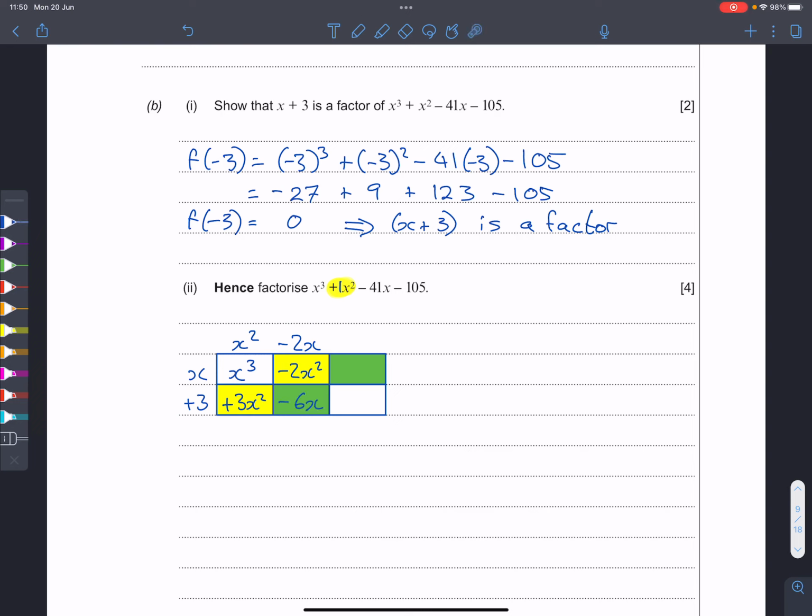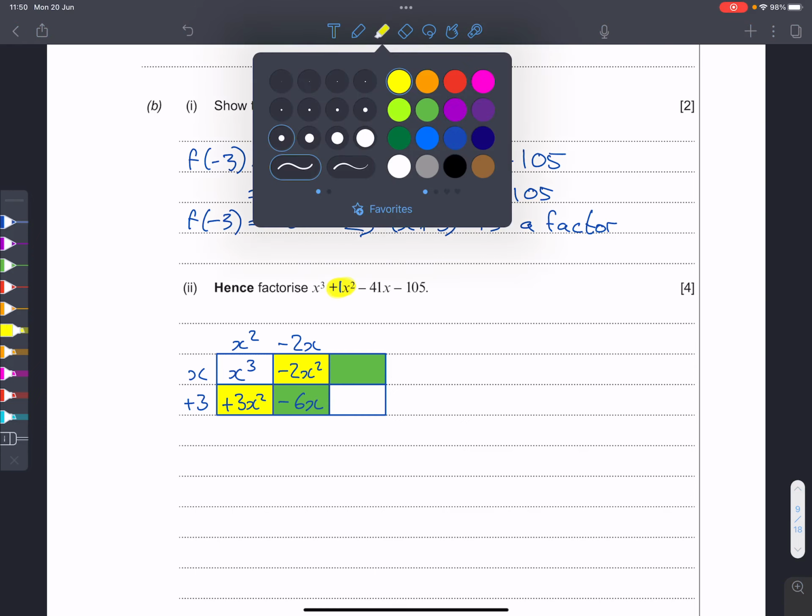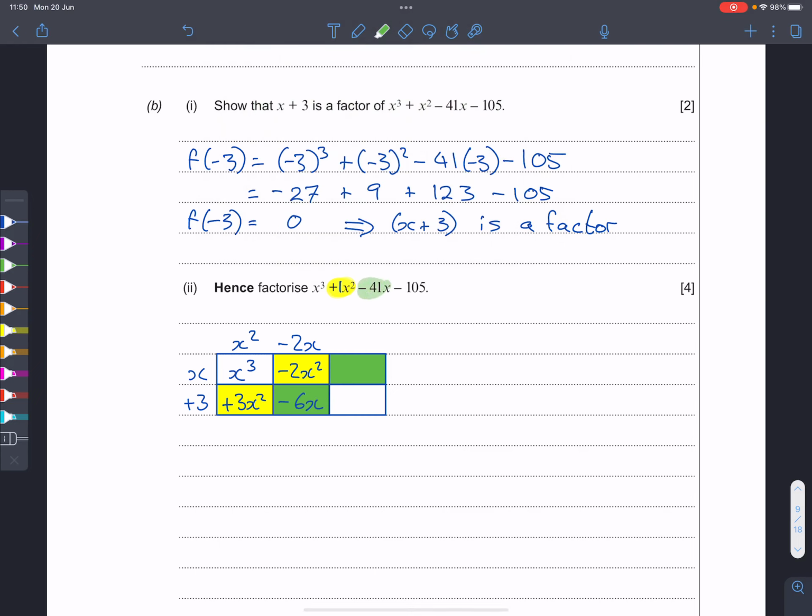In the same way as before, these two are my x terms. Those two are going to add up to negative 41x. At the moment, I already have negative 6x, so I need another negative 35x to give me negative 41 overall.